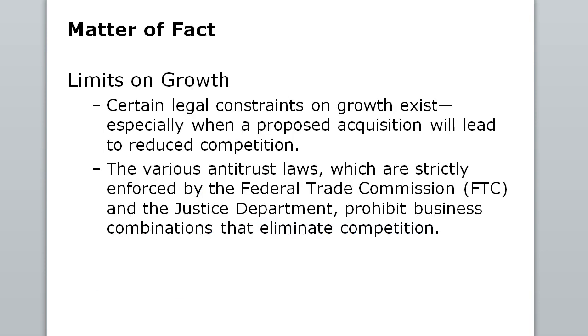Now there are some limits on how big a company can get, mostly related to competition. So if you're doing proposed acquisitions and you're reducing the competition to the point where you're a monopoly, then you're going to get a knock on your door from the FTC, the Federal Trade Commission, and the Justice Department, which is going to look into or break up companies or deny mergers or acquisitions of companies that are gaining too much competitive power and eliminating too many competitors.